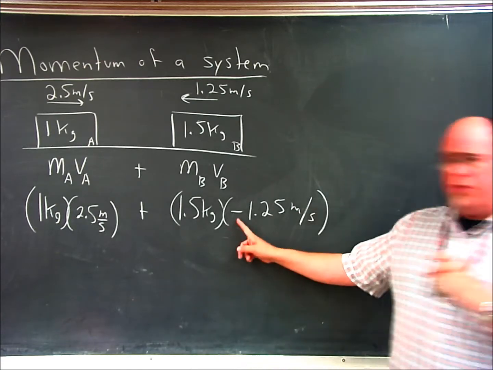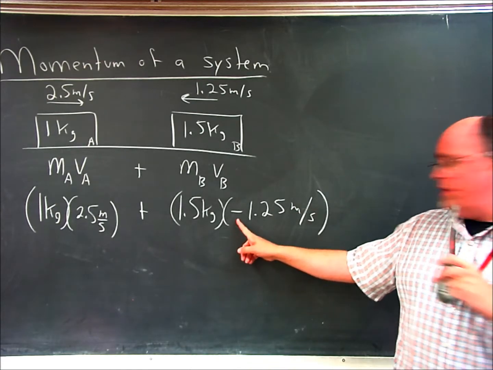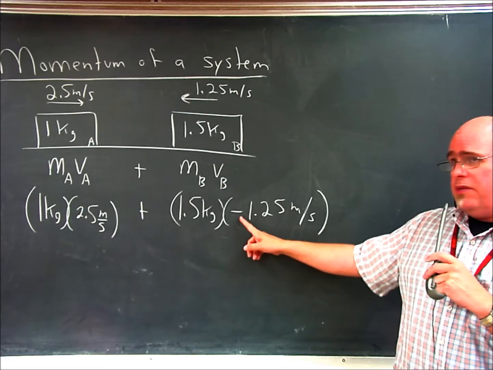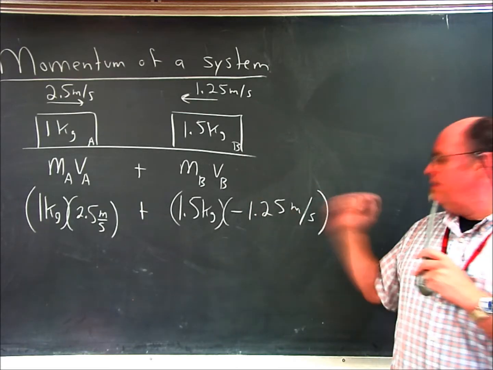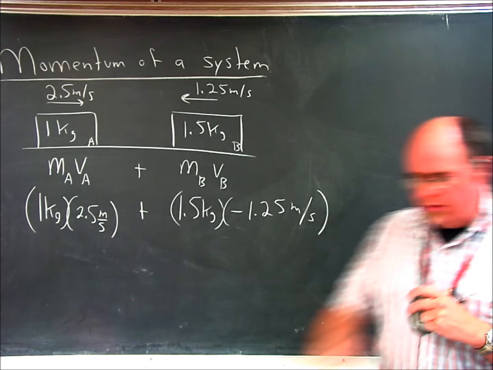This is probably where most of the error may occur. This negative sign is telling me that it's going to the left, and many students forget about that, so we can't forget about that.